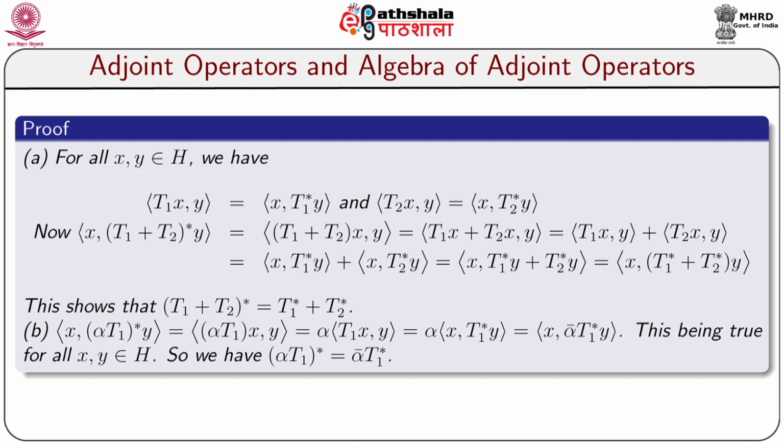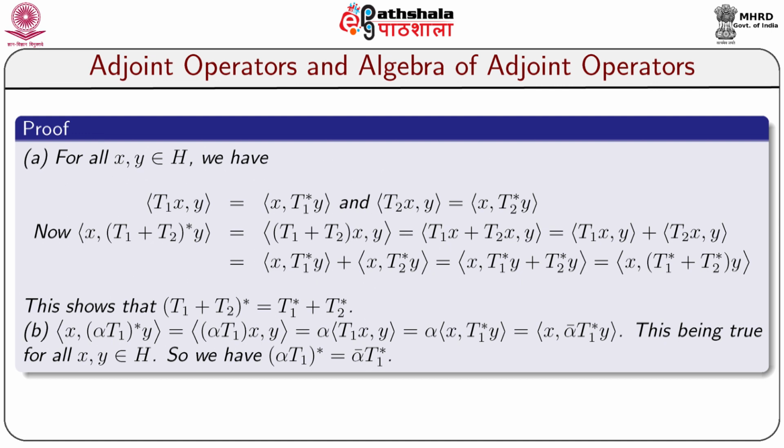Now, inner product (x, (T1 plus T2) star y) equals inner product ((T1 plus T2) x, y), which is equal to inner product (T1 x plus T2 x, y), which is equal to inner product (T1 x, y) plus inner product (T2 x, y), which is again equal to inner product (x, T1 star y) plus inner product (x, T2 star y), which is equal to inner product (x, T1 star y plus T2 star y), which is equal to inner product (x, (T1 star plus T2 star) y). This shows that (T1 plus T2) star equals T1 star plus T2 star.